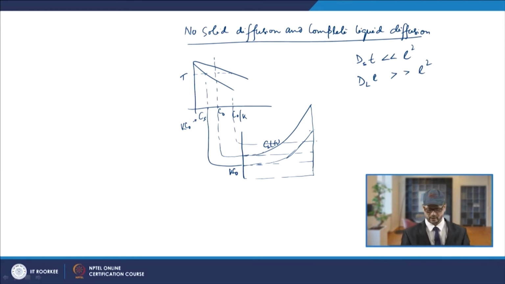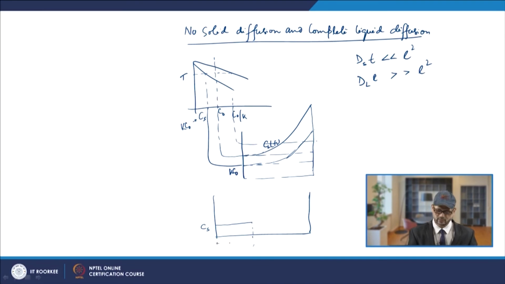So, this way, if you look at the fraction of solid and liquid, suppose we talk about the solid and liquid formed. You will have this as your CS line, and if you talk about the bottom as the solid portion, this is your solid.